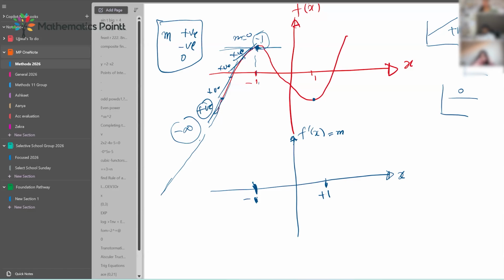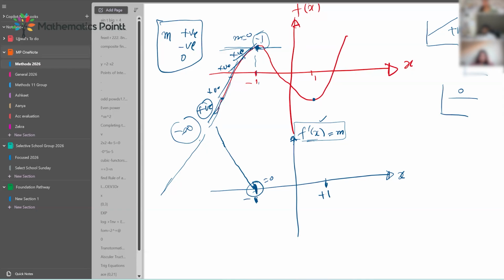Now let's draw this pattern here in the derivative graph. My y-axis is now the slope. And what is happening to the slope? The slope from negative infinity to -1 is very positive, highly positive, and eventually it is becoming 0. When I'm here, the f dash x, the y-axis, is 0.